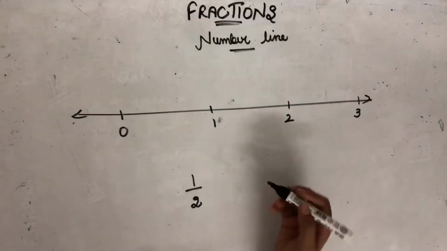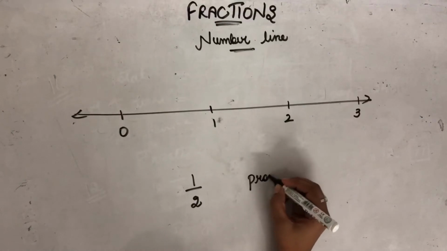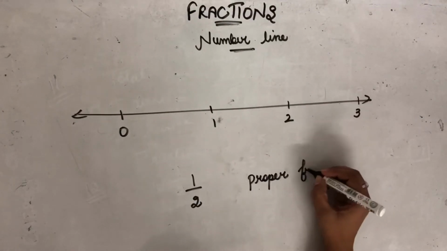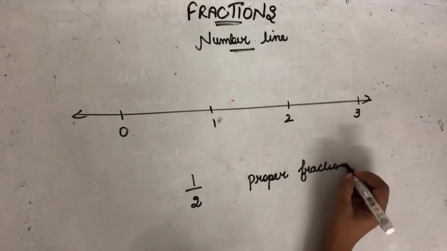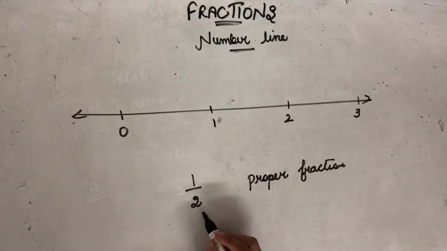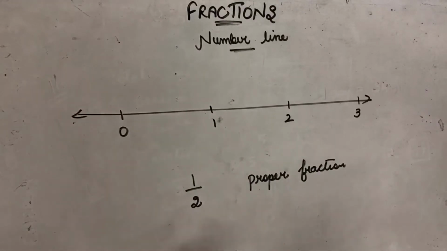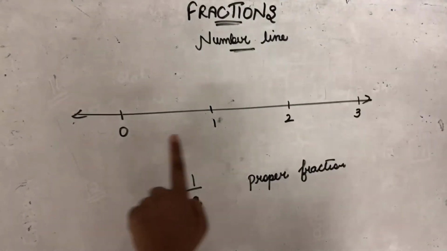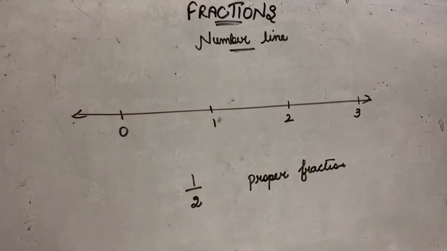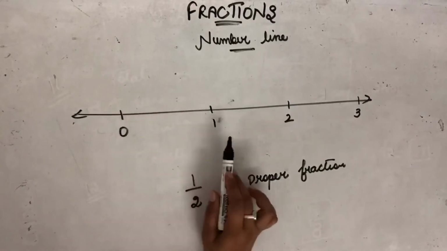Now 1 by 2 is a proper fraction. Proper fraction means where denominator is greater than the numerator. So a proper fraction always lies between 0 to 1. So it means this 1 by 2 will lie in the interval 0 to 1.